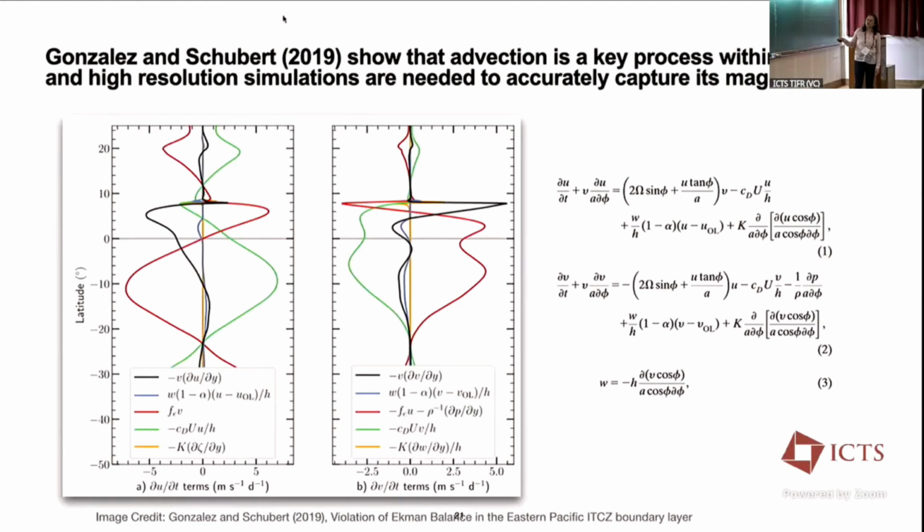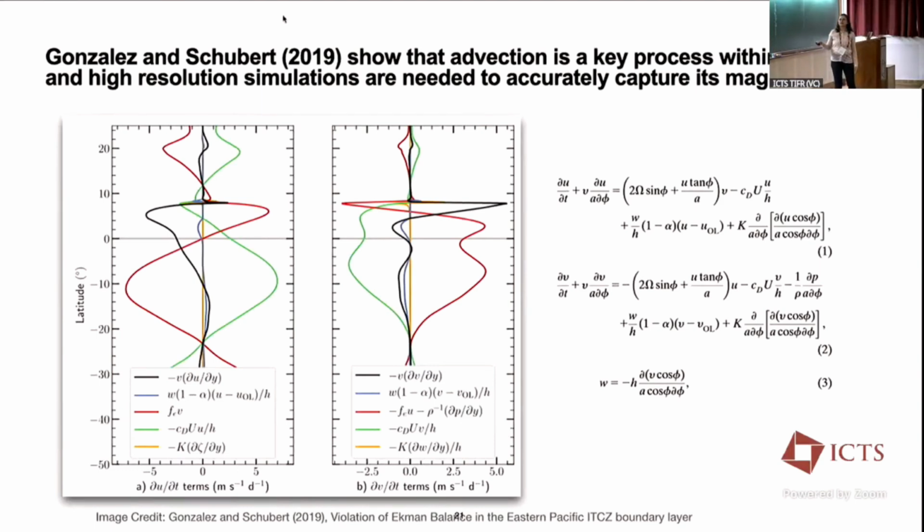But as you cross the equator, the advection term becomes more and more important. And this region is where their ITCZ is. Within the ITCZ, there's a very strong role played by advection. And this is what they call the violation of Ekman balance in the East Pacific ITCZ boundary layer.